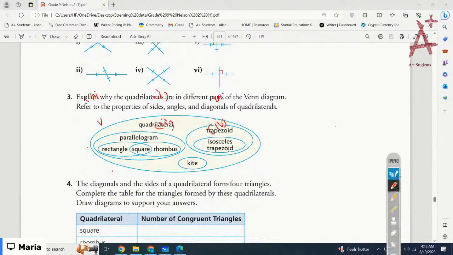Okay, explain why the quadrilaterals are in different parts of the Venn diagram. Refer to the properties of sides, angles, and diagonals of the quadrilateral, right? So you have to basically explain the details about the quadrilateral. Basically, all specified geometric figures can be classified as quadrilaterals.